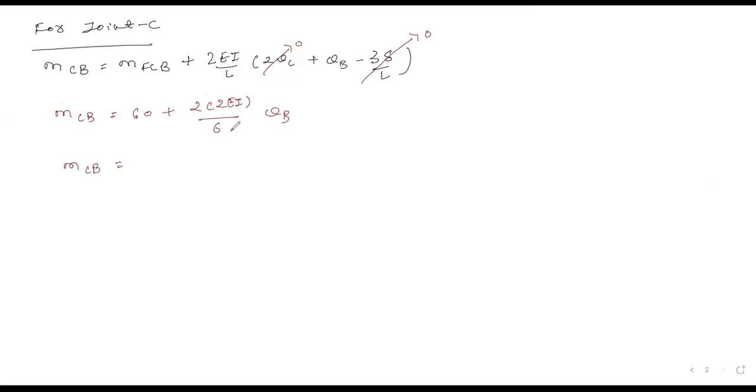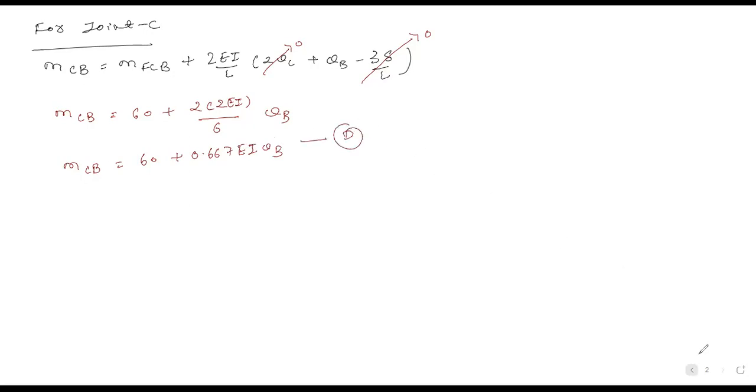Tell me what is the value of 4 by 6? 0.667, right? 0.667 EI theta B. I hope it is clear to all of you. So this is your equation number D.